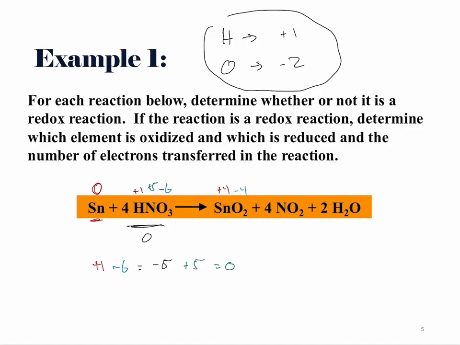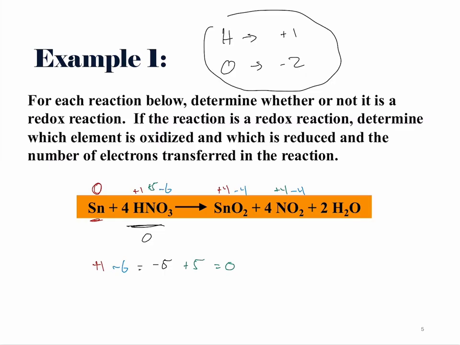Okay, what about the nitrogen molecule? What is 2 oxygens for the nitrogen dioxide, NO2? What's the charge from 2 oxygens? -4. And then the nitrogen is going to be what to make this neutral? +4, right? And so now we can look at the nitrogens.